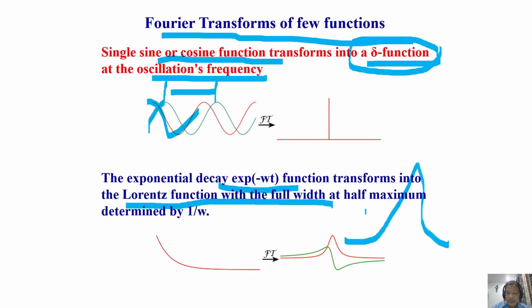Now you can calculate the full width at half maxima. This is given by 1 over the decay constant of the exponential. This is an exponential function. The NMR signal that we detect in the solution state is an exponentially decaying function, so the frequency domain spectrum is a Lorentzian.